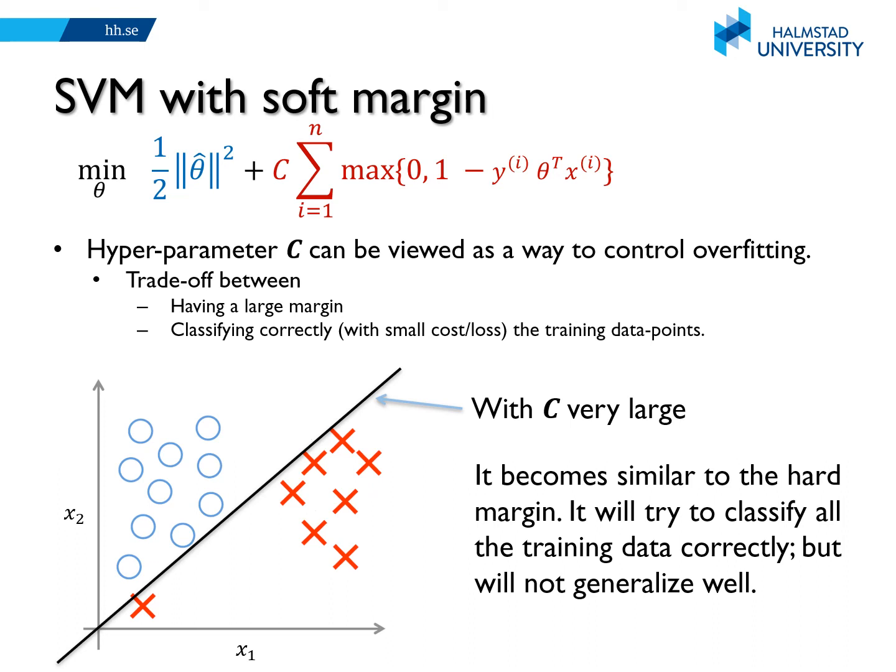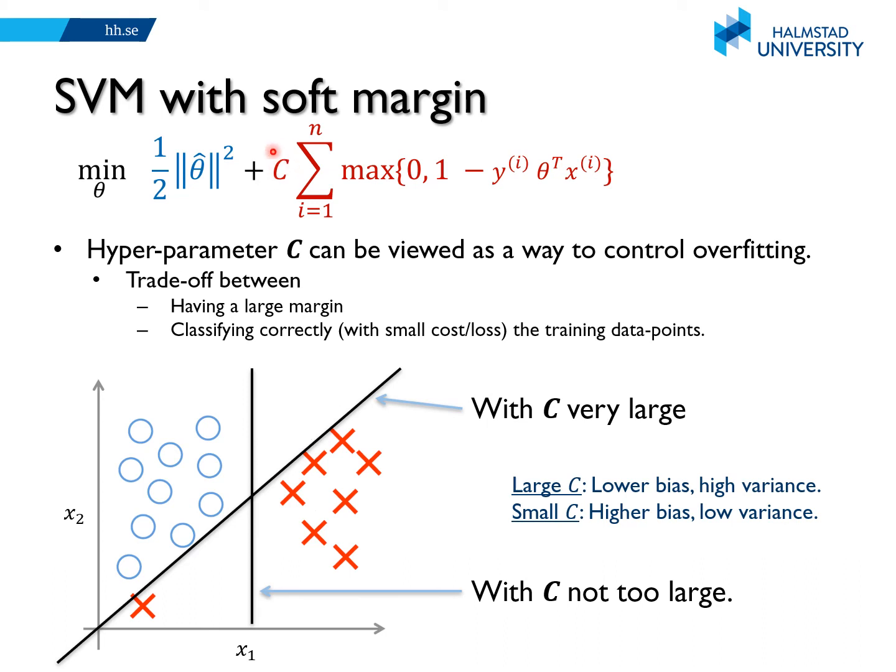Because as we said previously, suppose that you get a new data point which lies in this part here, and the true label for this data point should be the red class, but based on this classifier, it will be classified as belonging to the blue class. So this classifier does not generalize well. In other words, it overfits the training data. And this is because we gave more importance to this part. We chose C to be very large.